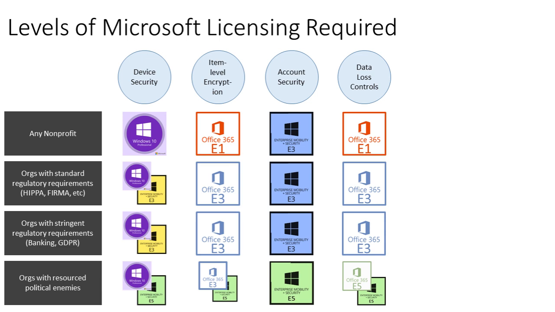It also allows us to do things like set up the cloud app security as well. And so at a minimum, Office 365 E3, you could go to Office 365 E5 as well, but definitely the Enterprise Mobility and Security E5.